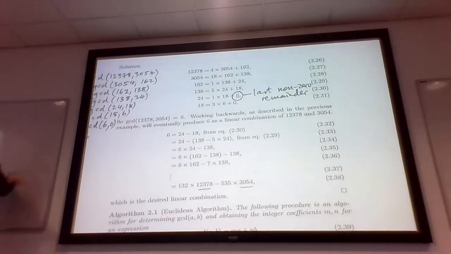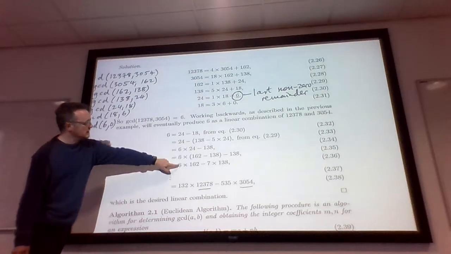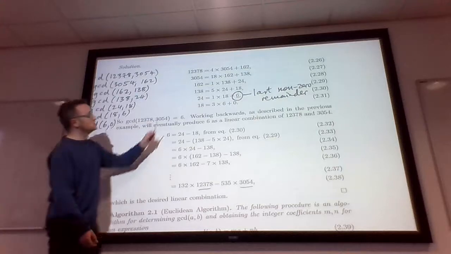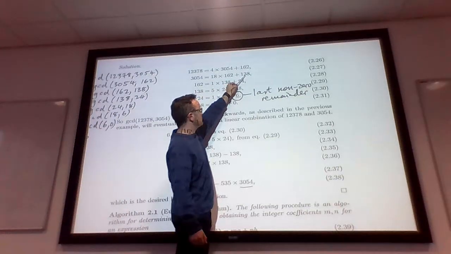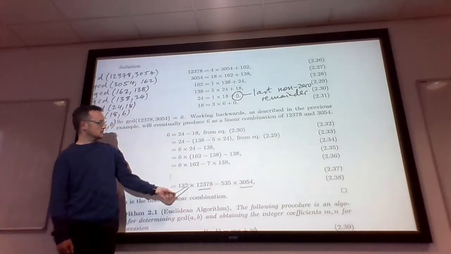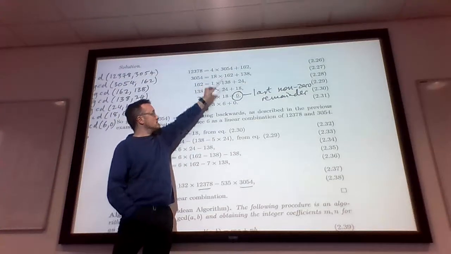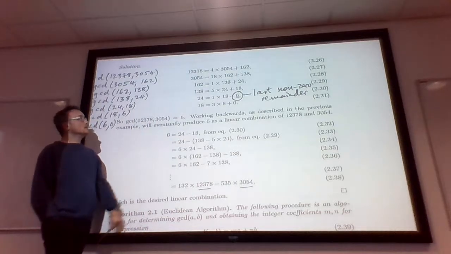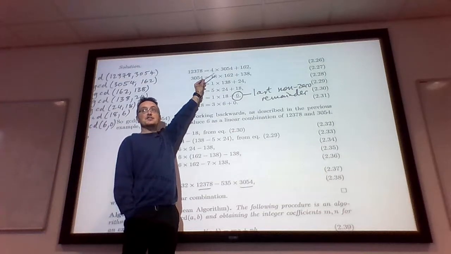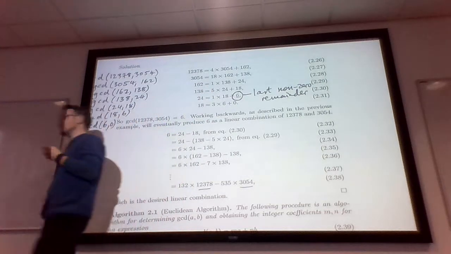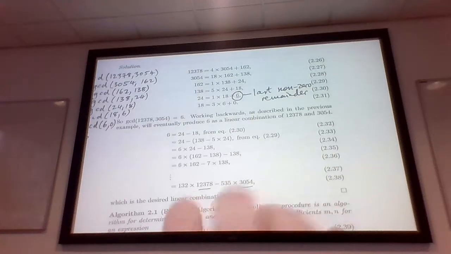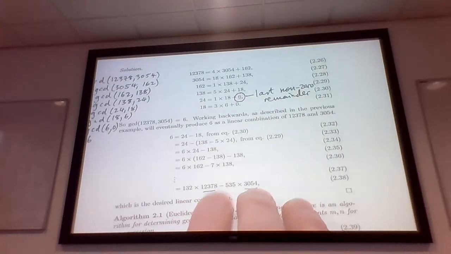I've skipped out the last couple of stages, but the next process is you would use the second equation to replace 132 with the linear combination of 3054 and 162, and then use the first one to replace 162, to finally give you the linear combination of the original pair.